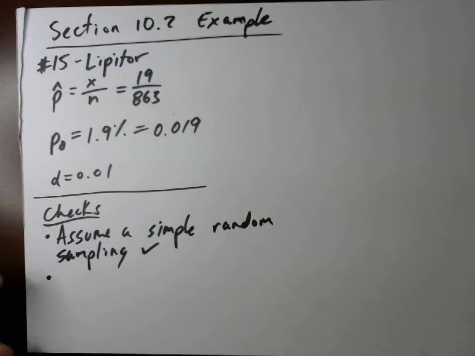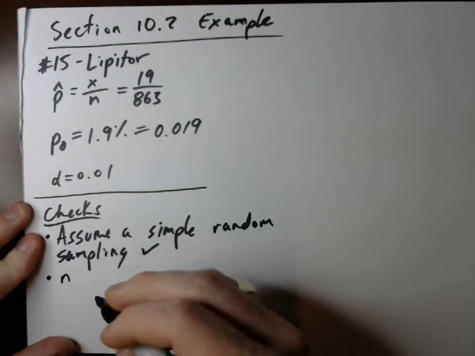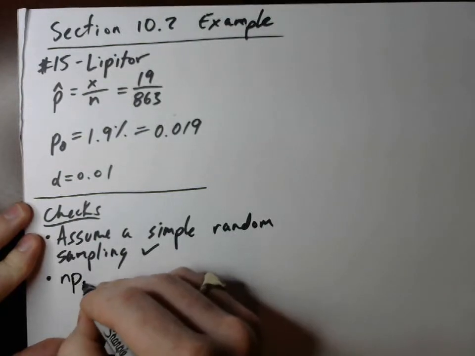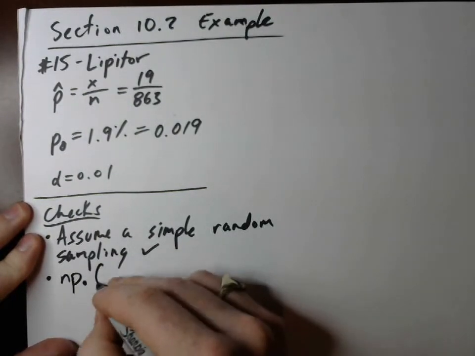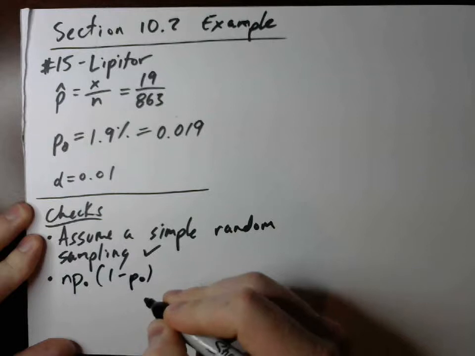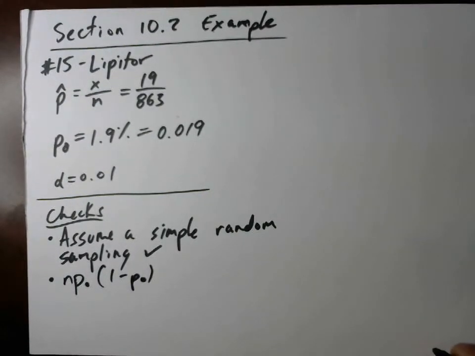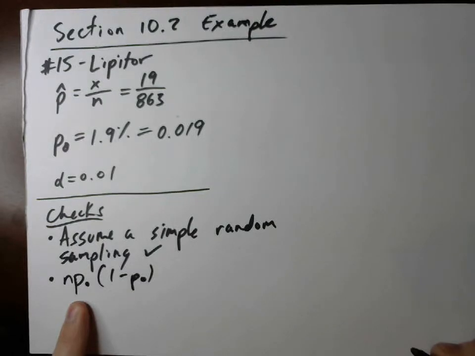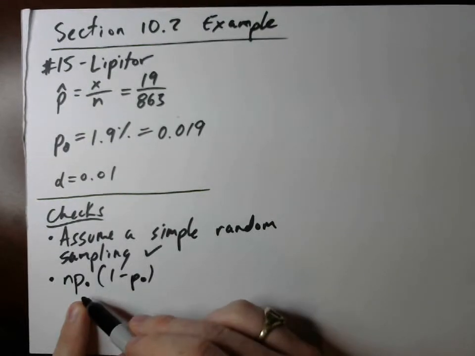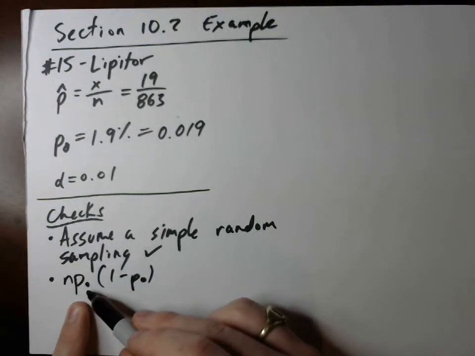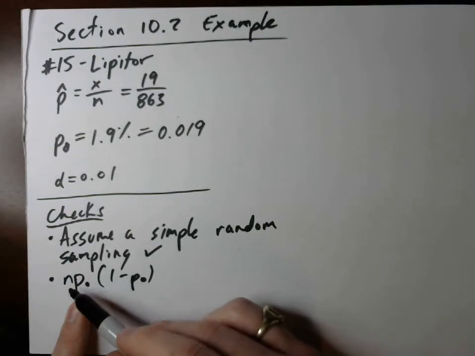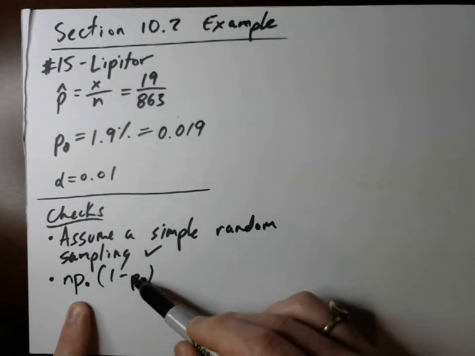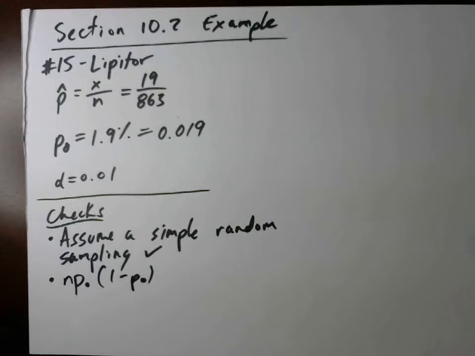So as you can see, we're using this again. Notice that in chapter 8, we used p, and in this section, we're using p naught.